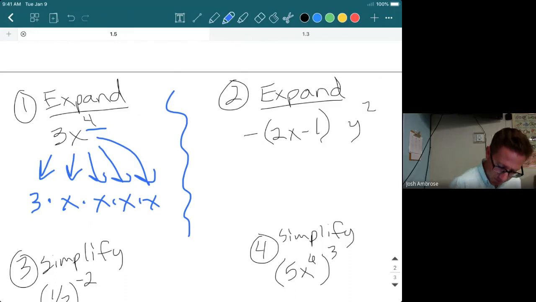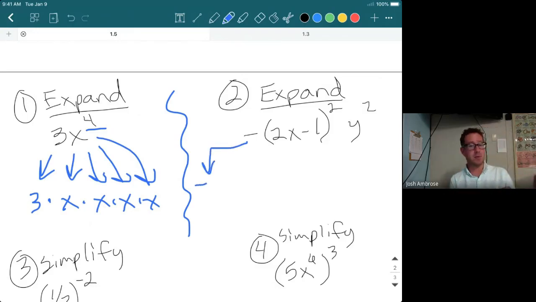There's one thing I forgot to write, so I'm going to put that in here. We should have an exponent there. I'm going to make it a 2 just to save ourselves some space. So what that means is you will actually be looking at this negative sign in front. The negative sign is not a part of the parentheses. It's in front of the parentheses. So put it out there.